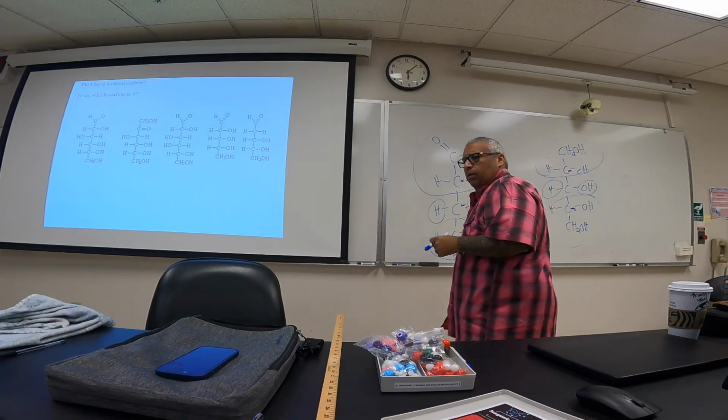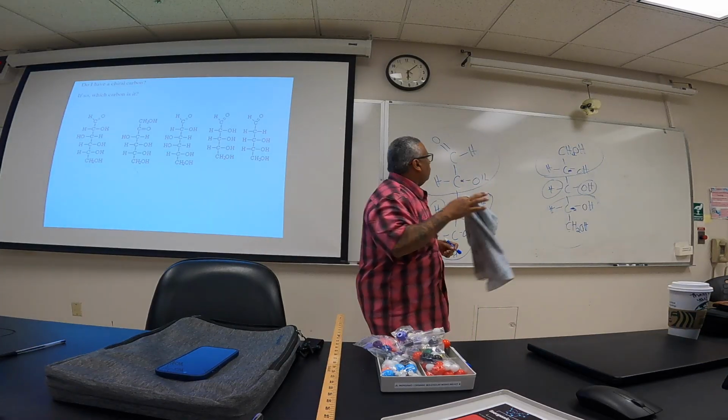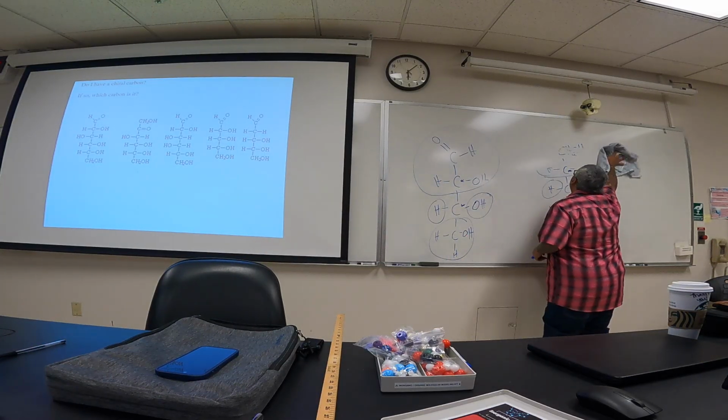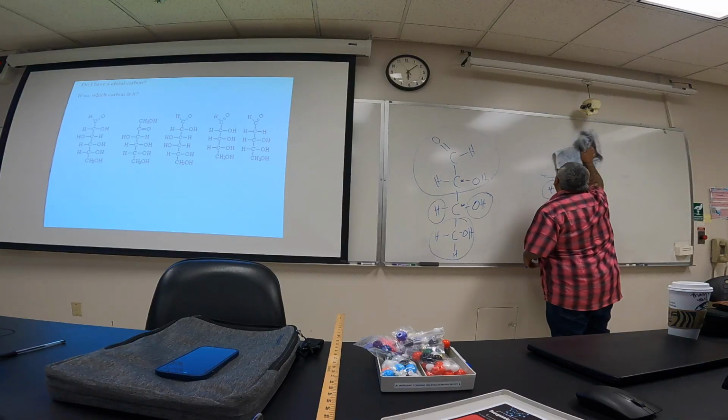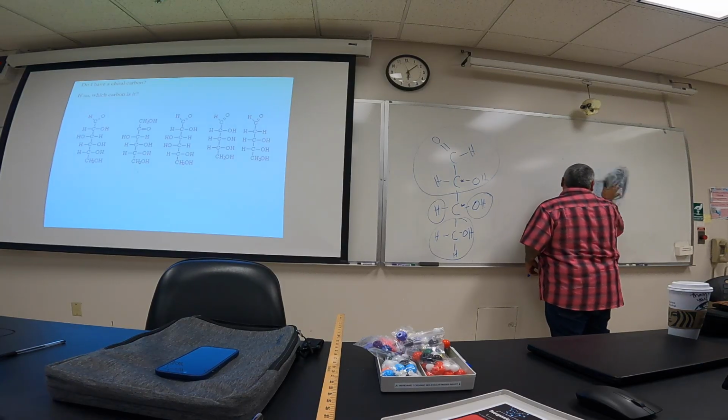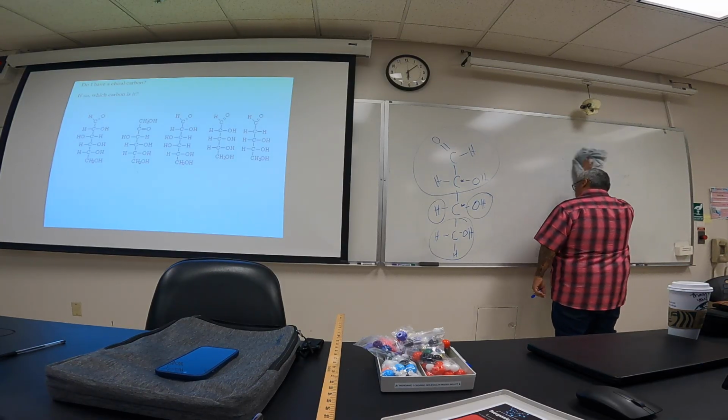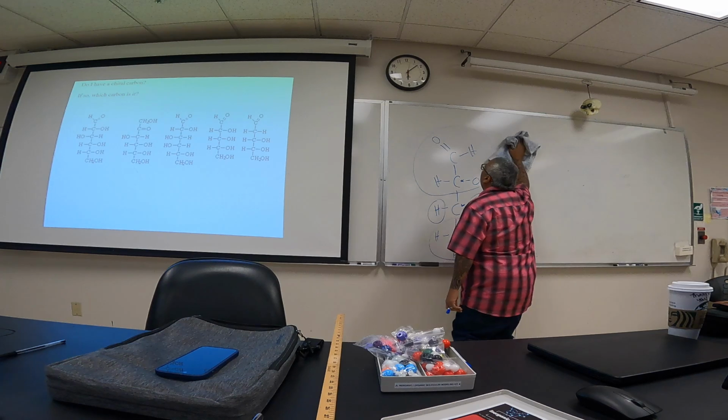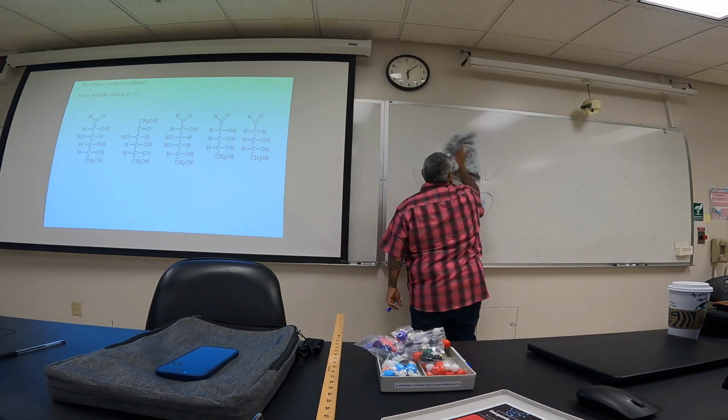I'm going to leave this one up here on the board for a second. We want to talk about mirror images and a structural isomer for these. Actually, I'll just redraw one.